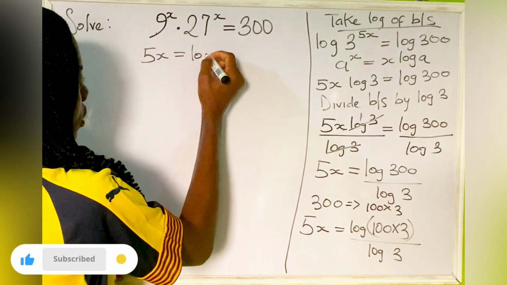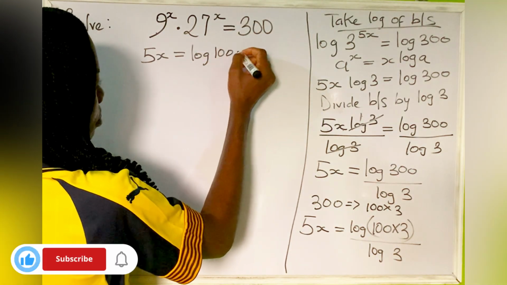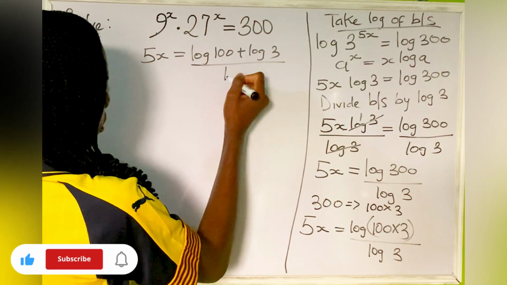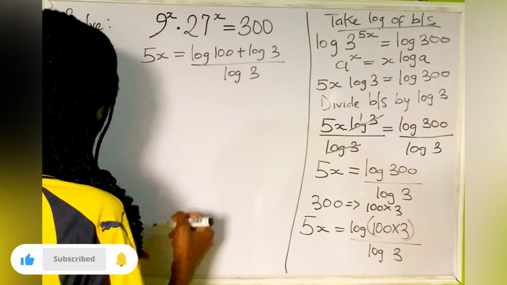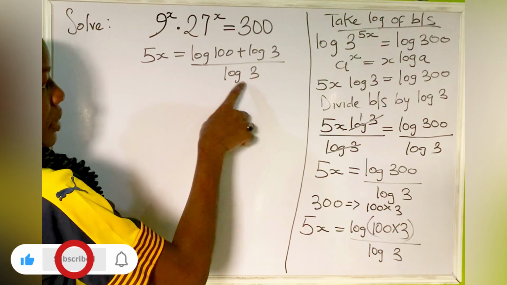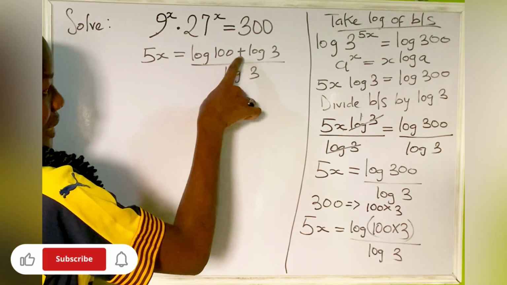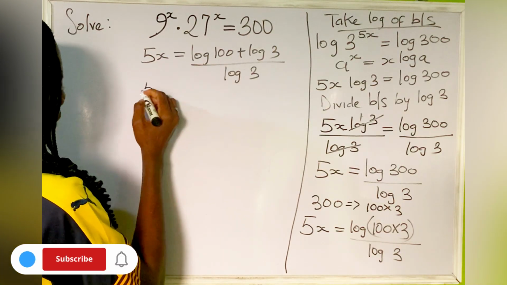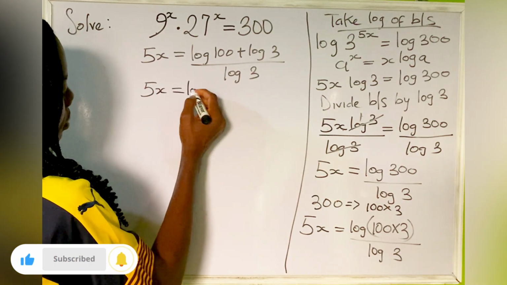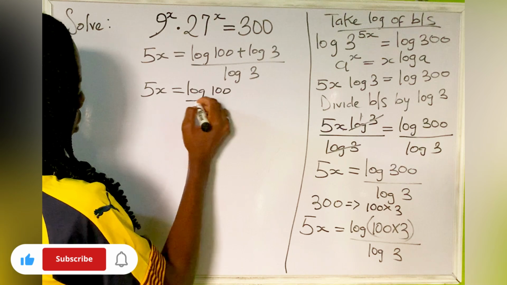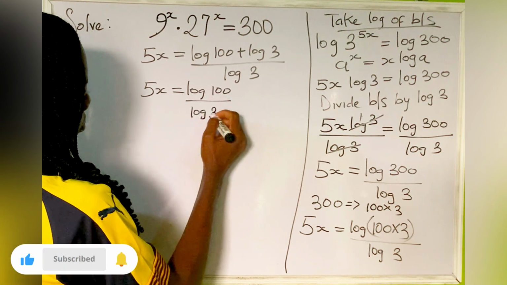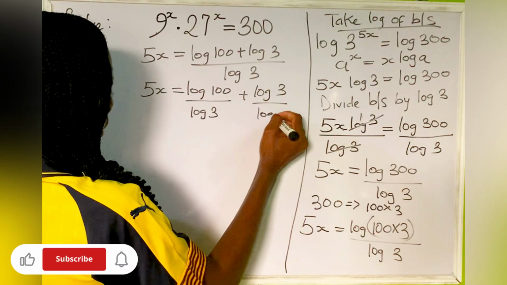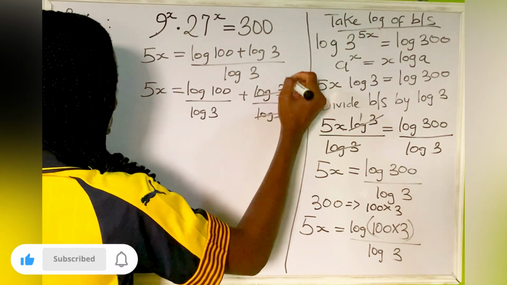So it becomes log 100 plus log 3 all over log 3. So we're going to split this. 5x is equal to log 100 over log 3 plus log 3 over log 3. This can cancel, we have 1.